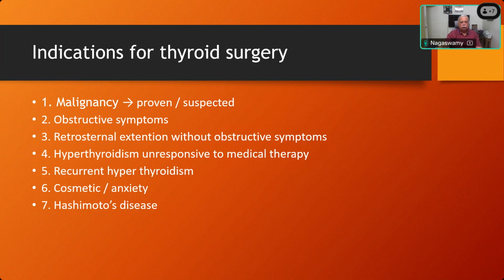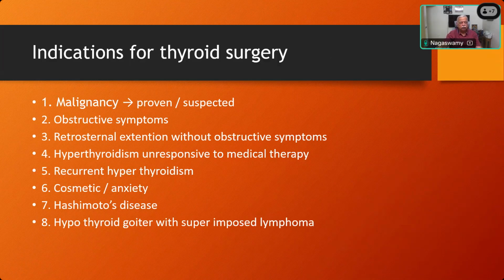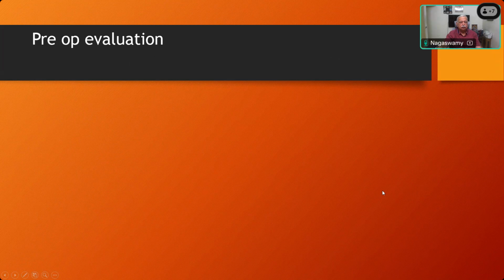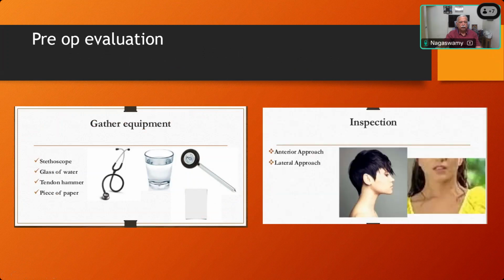In a euthyroid case, where the thyroid function is normal, neither hyper nor hypo, the swelling may not look very appealing. So for cosmetic purposes, the patient may be undergoing surgery. And Hashimoto's disease or hypothyroid goiter with superimposed lymphoma are all conditions where thyroid surgery is done.